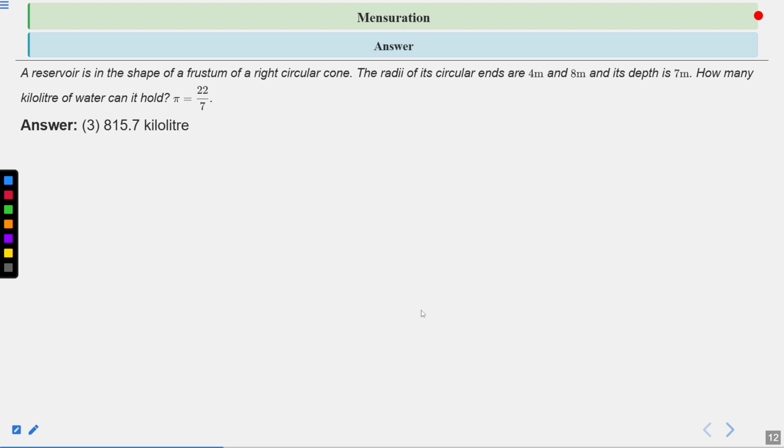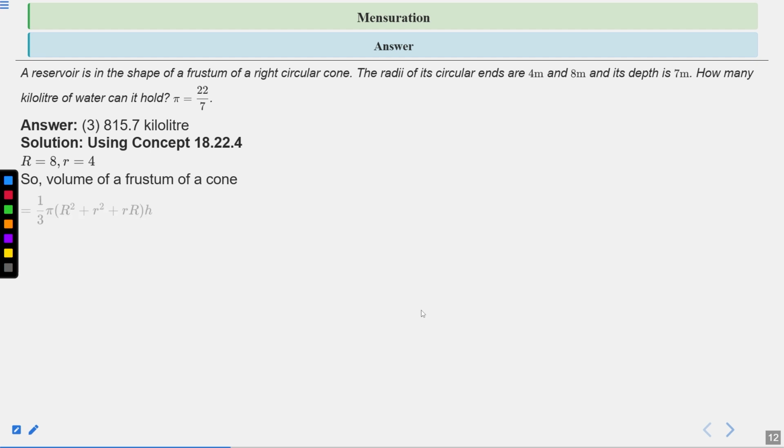kiloliter. Now see the detailed solution using concept 18.22.4. So we let capital R equal 8 meter and small r equal 4 meter. So the volume of a frustum of a cone becomes 1 by 3 pi into the bracket capital R square plus small r square plus capital R into small r, and whole multiplying by h.